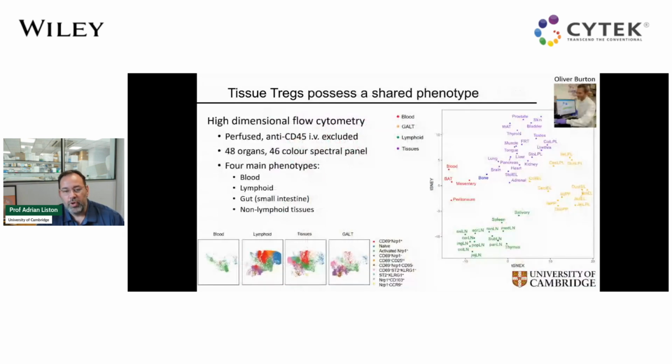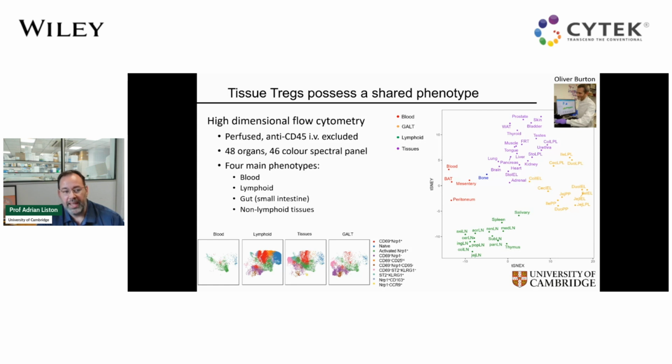Now, we wanted to test this model by looking at multiple different tissues in detail simultaneously. And we first looked at whether or not the phenotypes that we see for tissue Tregs inside different tissues are actually that different. This experiment here is based on high-dimensional flow cytometry. The work is done by Oliver Burton, our flow cytometry guru. And what we've got here is mice where we have perfused the organs.